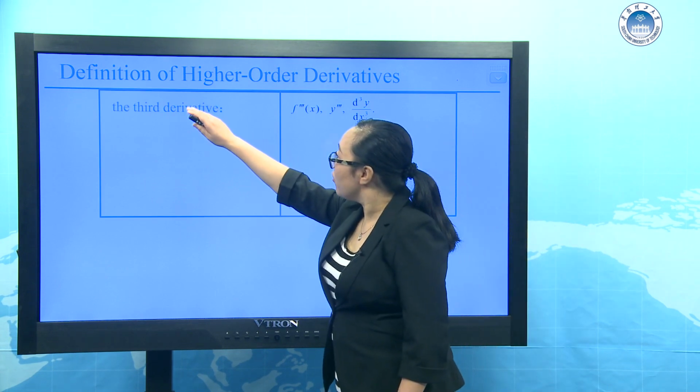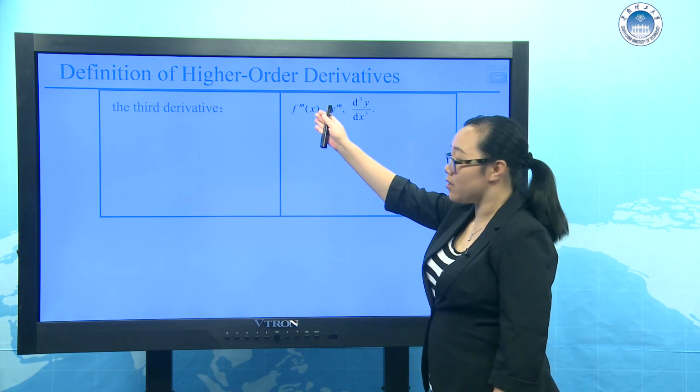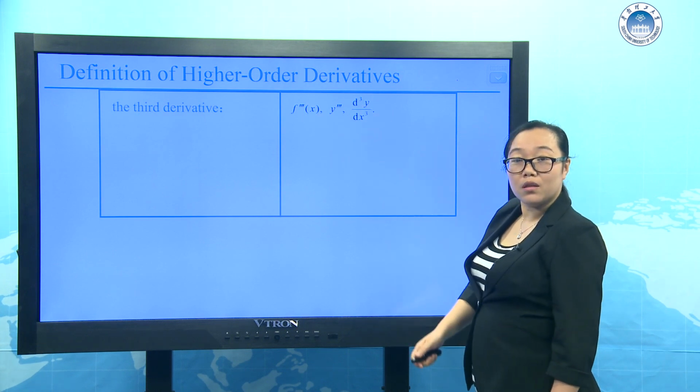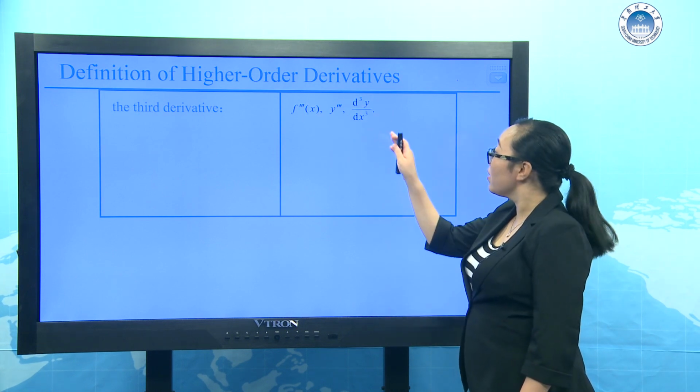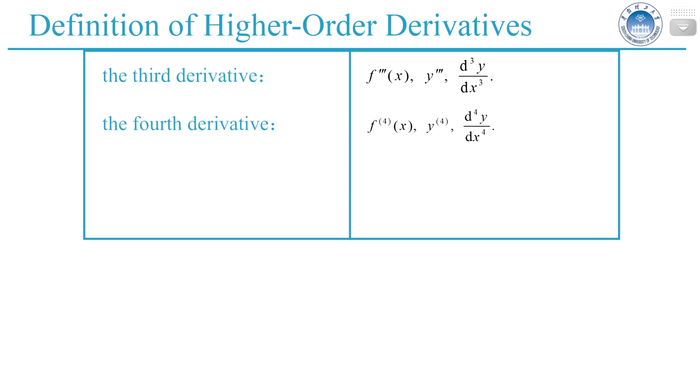The third derivative. How to write it? Three primes mean triple prime, y triple prime, or d cube y over dx cube. Similarly, we can get the fourth derivative. At this time, the number of primes is 4. Because 1, 2, 3 times, 4 times, we write it in brackets as 4, which means 4 times derivative.